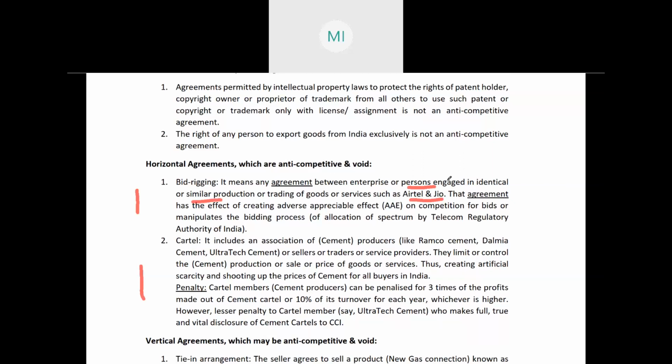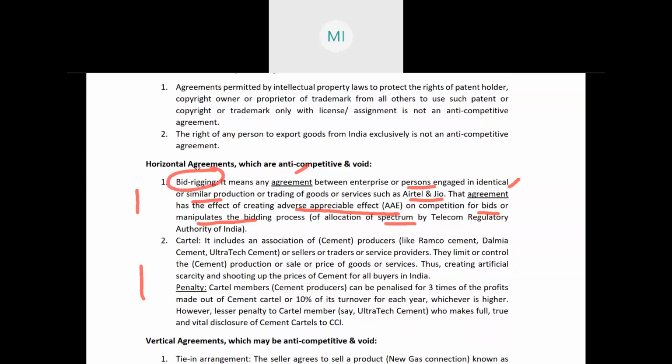So if this agreement creates adverse appreciable effect on competition, say there is some kind of bidding, spectrum allocation happens by TRAI, and they have some kind of arrangement or agreement, and if that manipulates the bidding process, then that's what we call bid rigging.